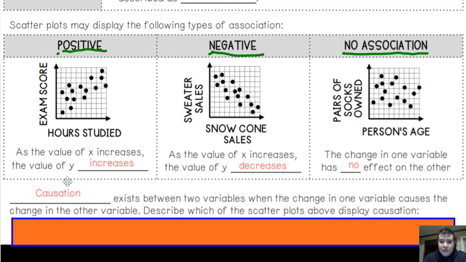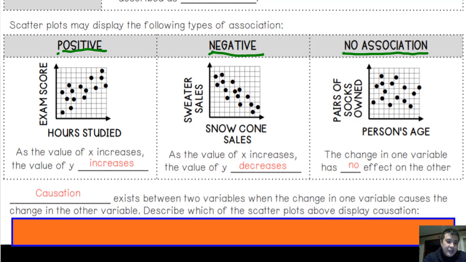Causation exists between two variables when the change in one variable causes the change in the other. Describe which of the scatter plots above displays causation. Here, sweater sales and snow cone sales, there's no reason for the snow cone sales to affect the sweater sales.